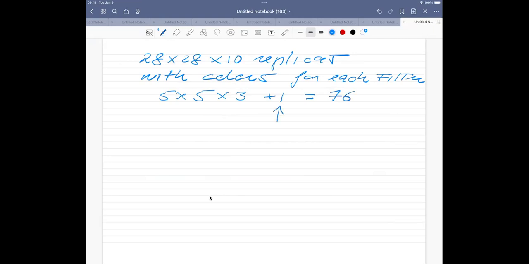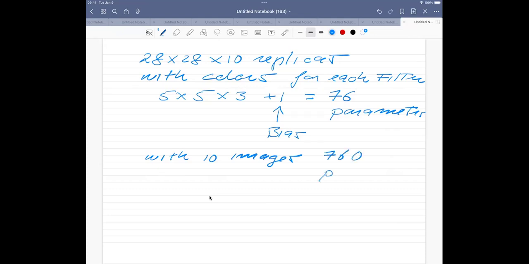So this is the bias. In total, 76 parameters to train. And that means that with 10 images, we have in total 760 parameters, which we would train by backpropagation.